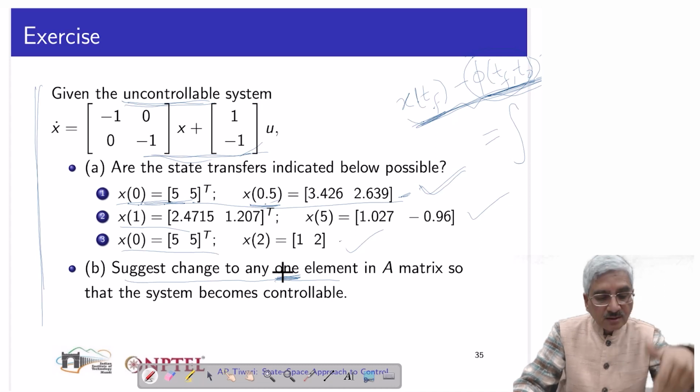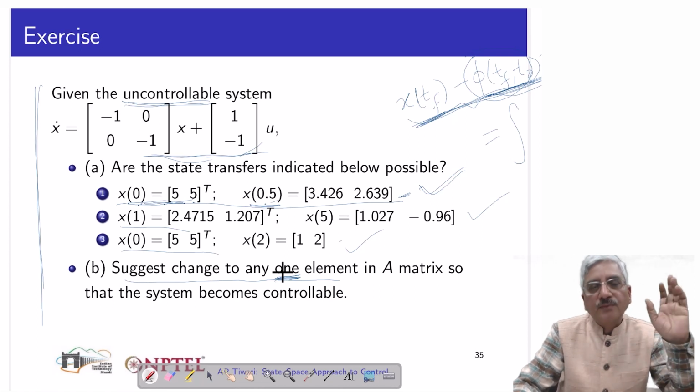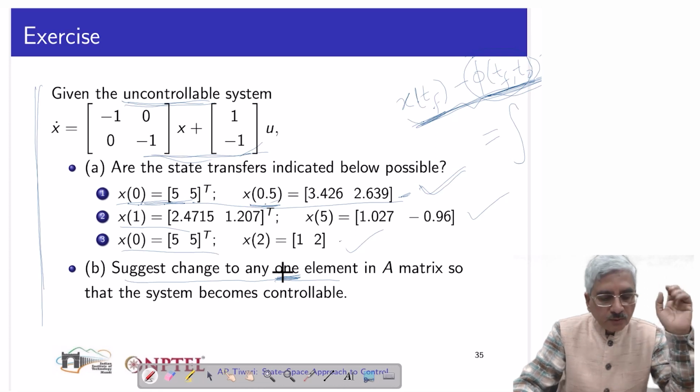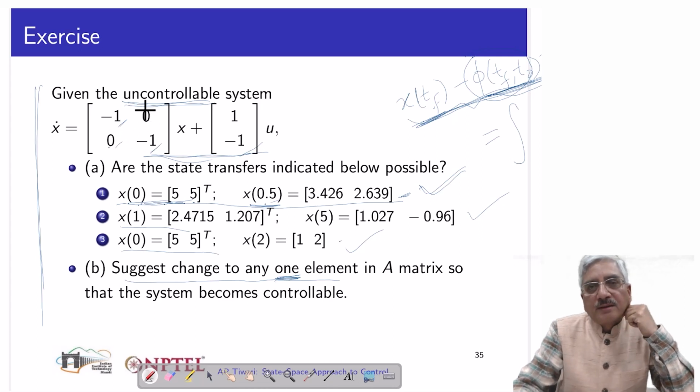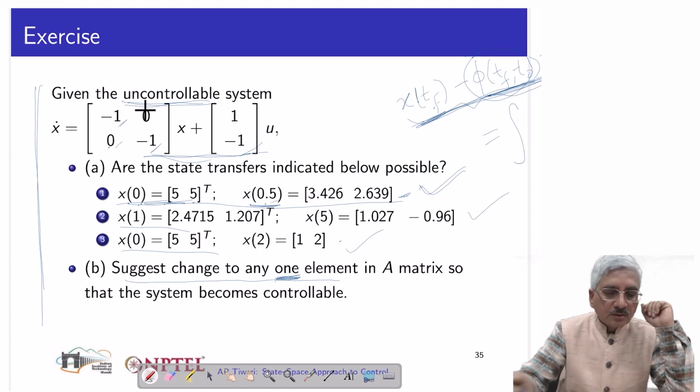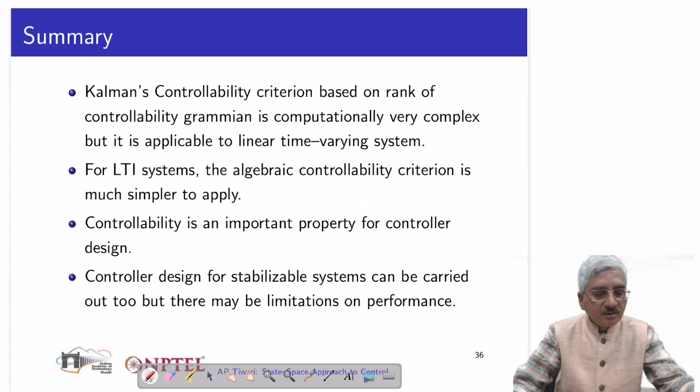Of course, you can tell by inspection, but you have to give a mathematical reasoning through expressions. So you should obtain B, AB, and you should force the rank of B, AB to 2 by assuming some changes, either here or here, and then you will get the value of that change required. So that is the exercise.